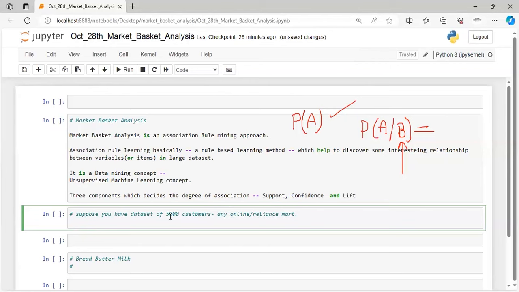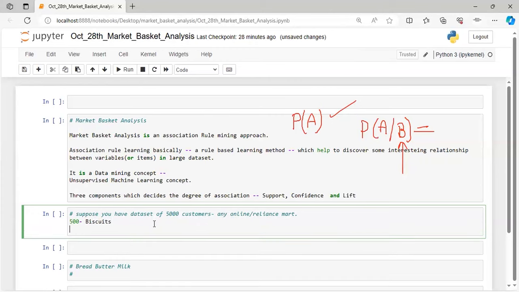So out of these 5,000 customers, you are finding that 500 customers have purchased some biscuits. And you're also finding that some 1,000 have purchased some kind of chocolates.